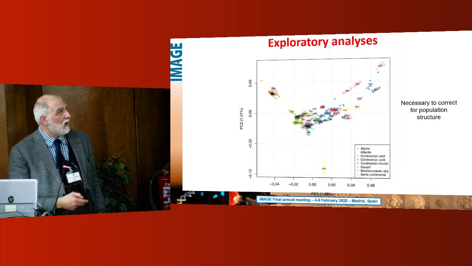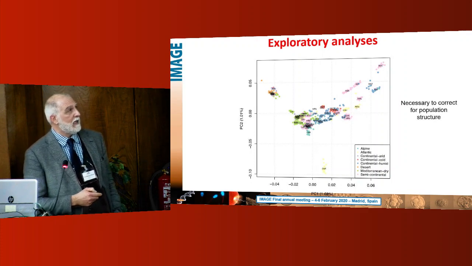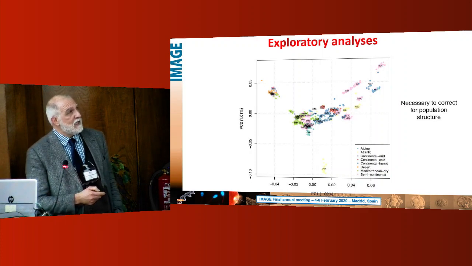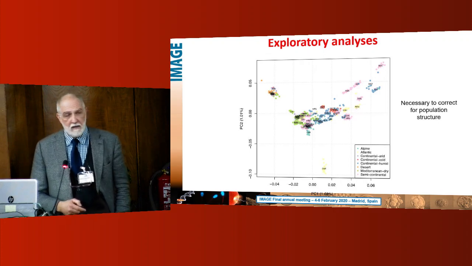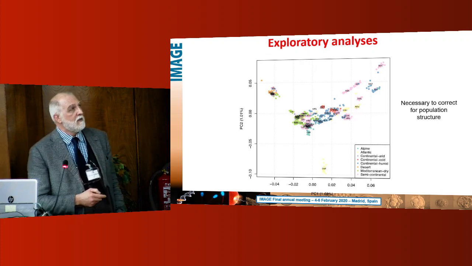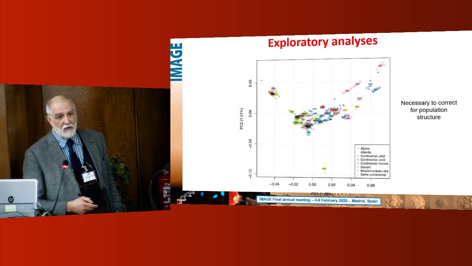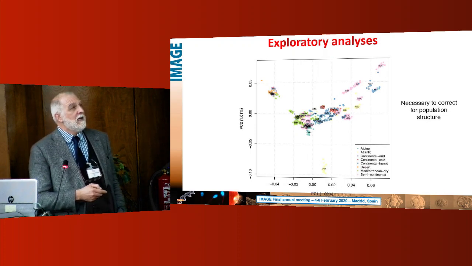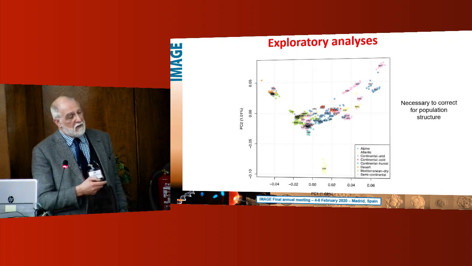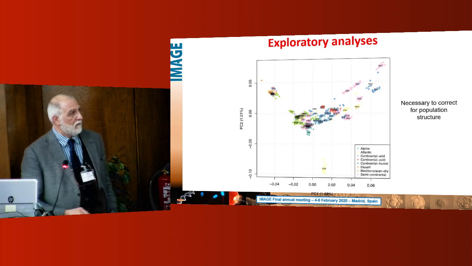We made a number of exploratory analyses. I only showed this one, a principal component analysis. These are the breeds, but the color corresponds to the environmental clusters. It is clear that there is a structure in the data, both in terms of breed effect and also in terms of environmental rearing of the different breeds.